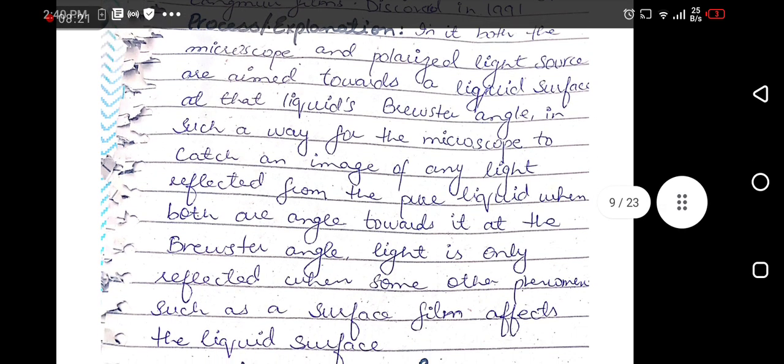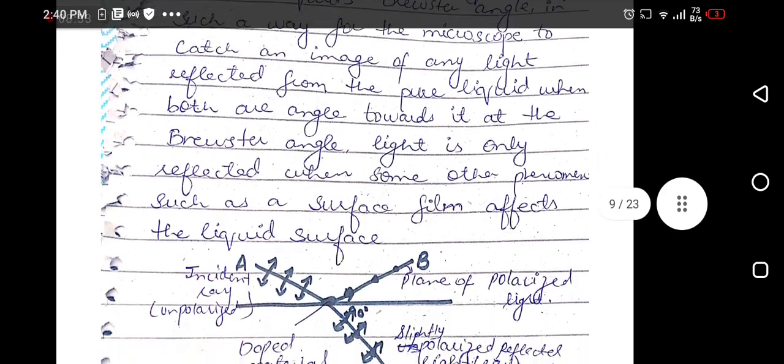When both are angled towards it at the Brewster angle, light is only reflected when some other phenomena such as surface films affect the liquid surface.